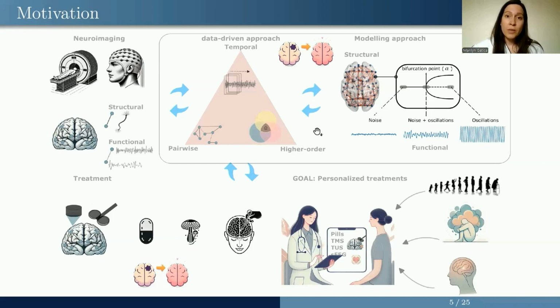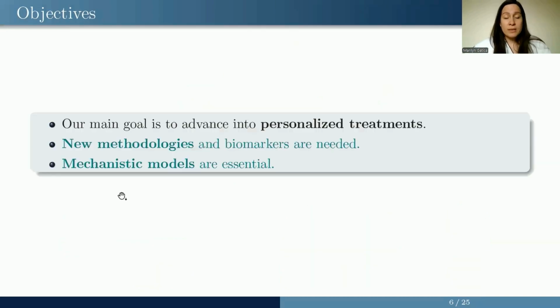Different characterization with data-driven approaches, particularly with high-order interactions, and then moving to the modeling approaches in order to understand the indirect effects that you are doing, in this case with focused ultrasound stimulation. So at this stage, we are saying then that in order to move to this personalized treatment, new methodologies are needed, and also mechanistic models are essential.